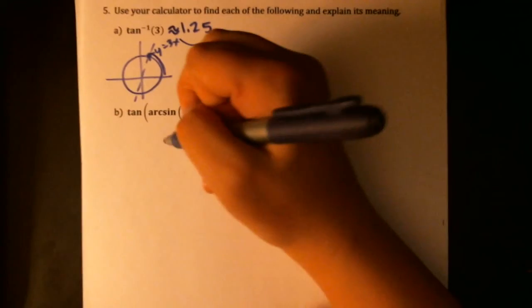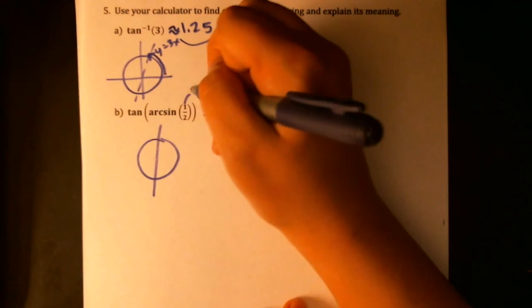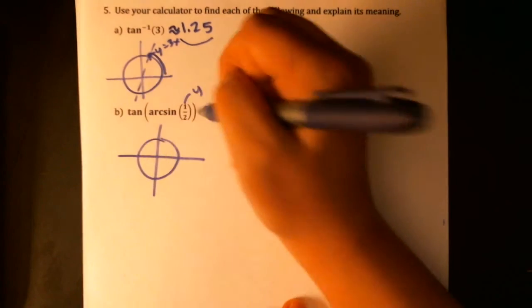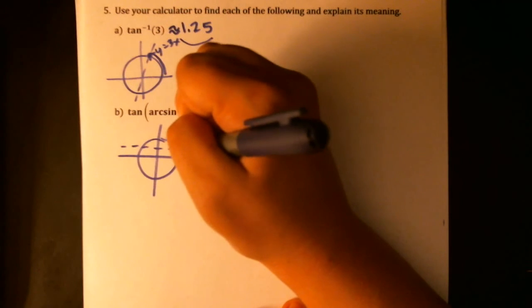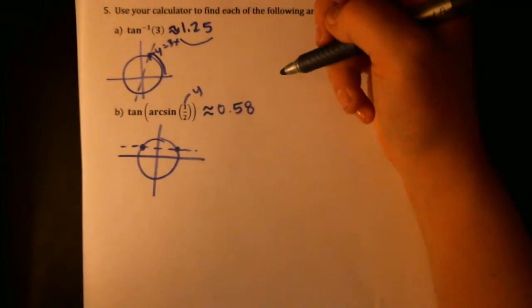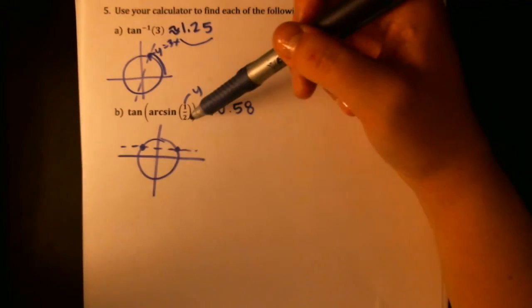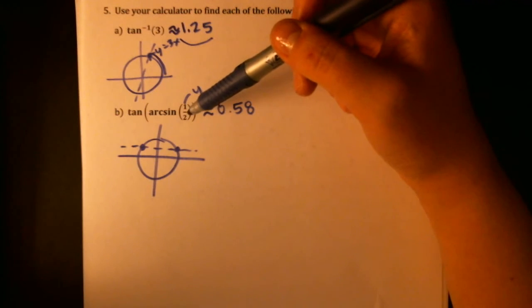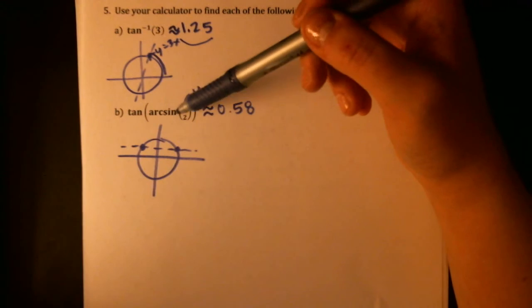And this one's a little trickier than the last one. So this time I've said arc sine. So this is my y value. If my y value is 1/2, funny I gave us this one too, because this one's actually nice. We could do this by hand, but we did it with the calculator, so let's see if we can figure it out. So pretend that we couldn't do this by hand.